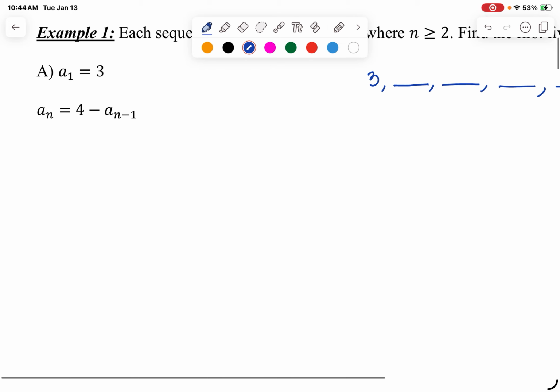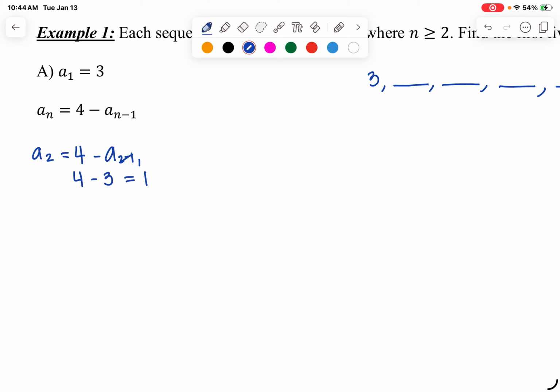To get a sub 2, the second term, because we already have a sub 1, it says to do 4 minus a sub n minus 1, where n is 2 right now, so this is a sub 1. So it's saying do 4 minus a sub 1, which is 3, and that is 1. Let's get the next one, and then let's stop doing this, because I know how to do it by reading it.